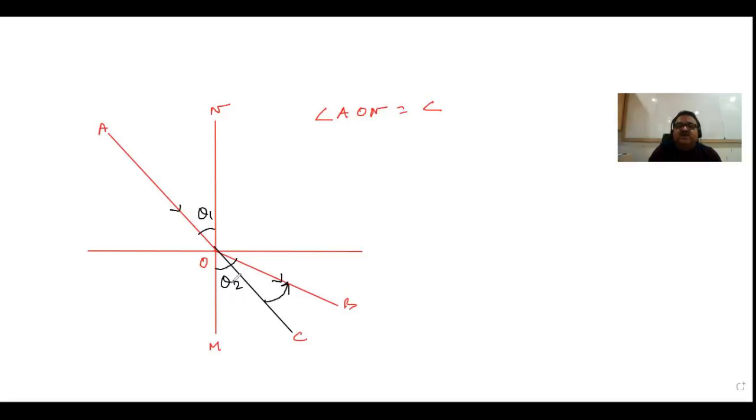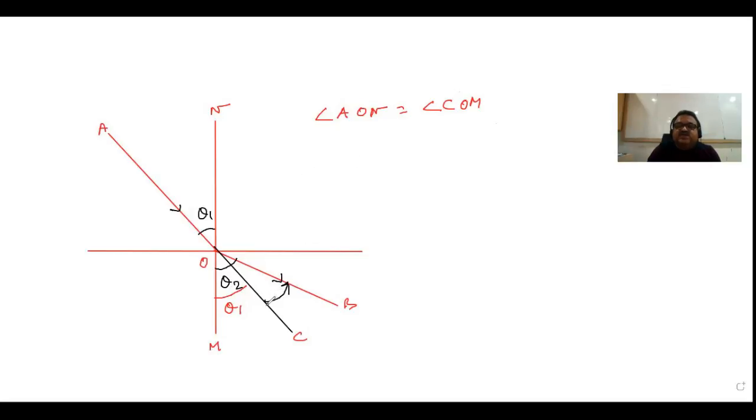Angle AON is equal to this angle, which is theta 1, because those two angles are vertically opposite. So this is angle CON.